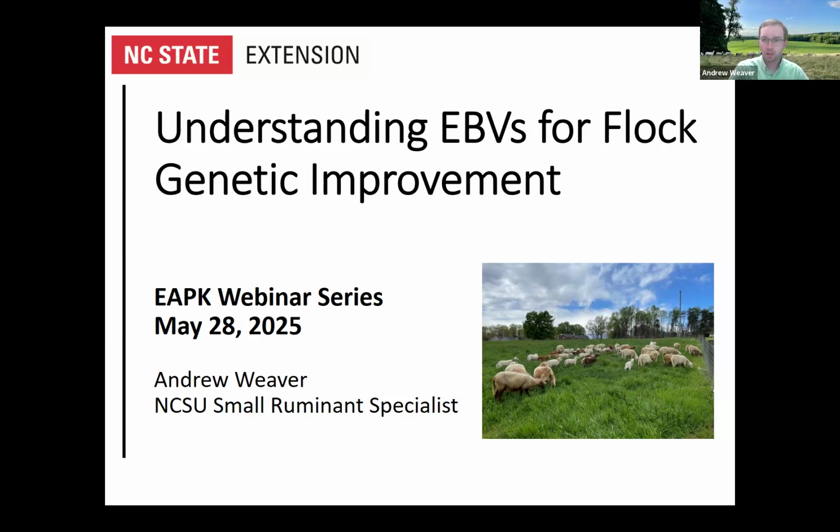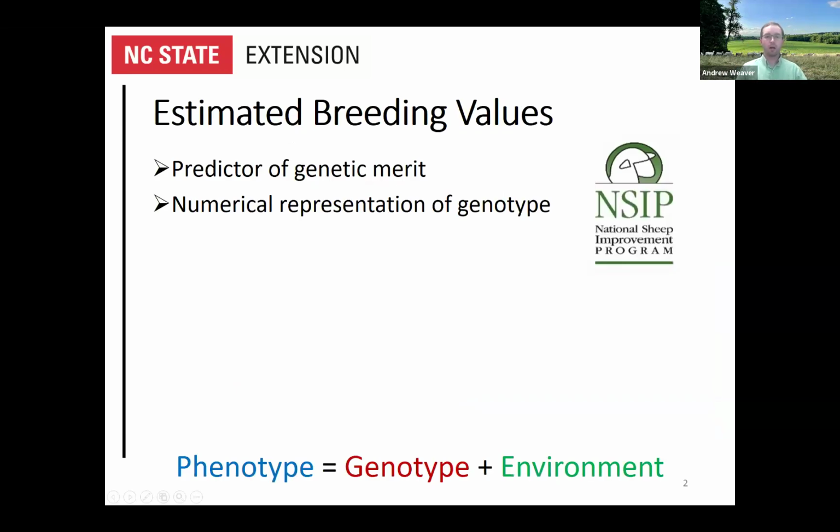Happy to answer questions on those, though, if you are interested in those. But we'll focus on some of the growth, parasite resistance, and maternal traits that those of us as Katahdin breeders tend to focus on. And so estimated breeding values, for those that are not familiar with them, and I assume many on here are probably familiar with EBVs, but some may not be. So I thought I'd give a quick overview of what they are and why we use them.